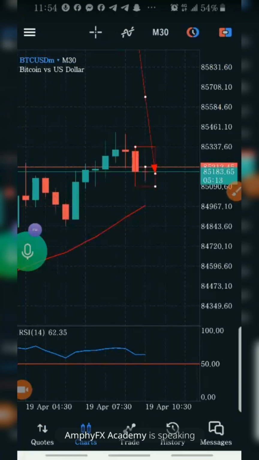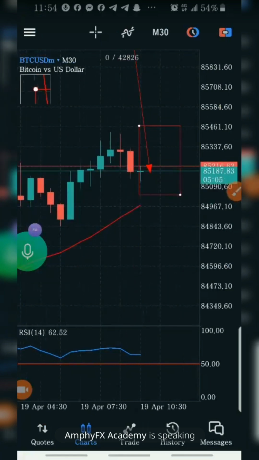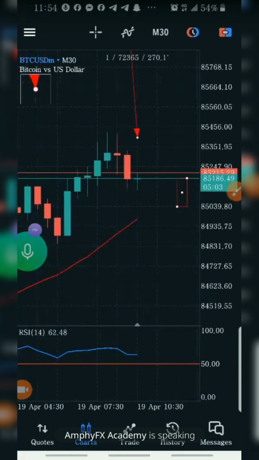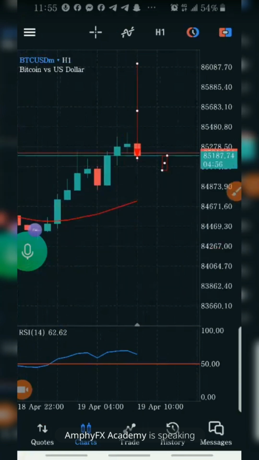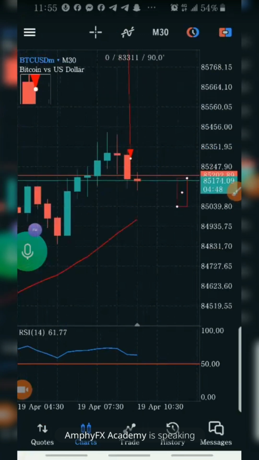Let me go back to that same 1 hour. If I switch back to 1 hour, you can see it has turned to only 1. But if I switch back to 30 minutes, it will turn to 2. Now inside that 1 hour, there are 2 candlesticks.